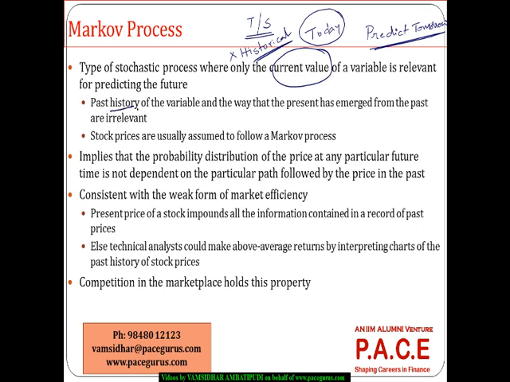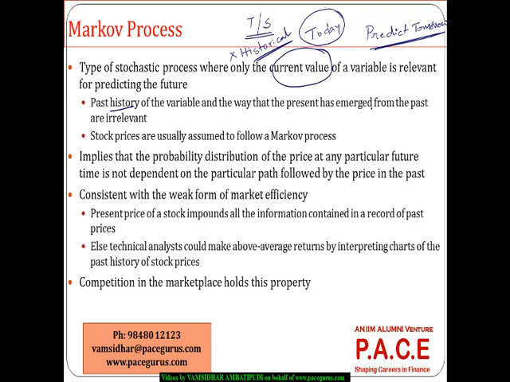The past history and how it really came, was it in an increasing trend, was it in a decreasing trend, if they are becoming really irrelevant for predicting the future, those kind of processes is what we call as Markov process.